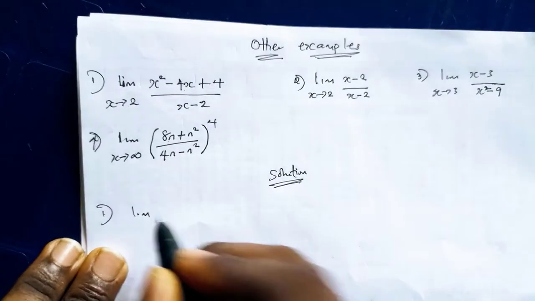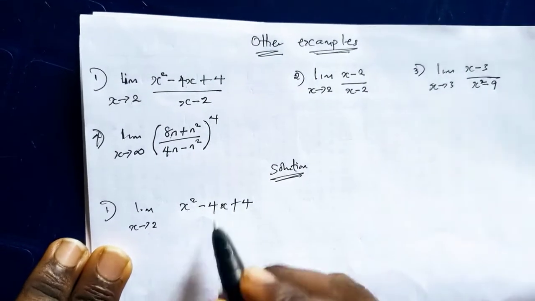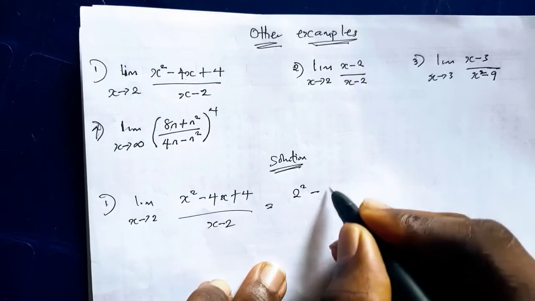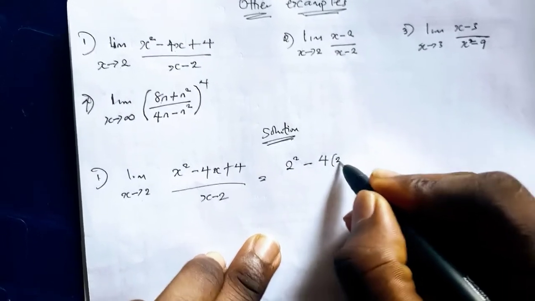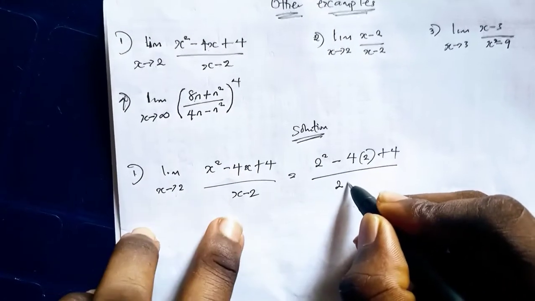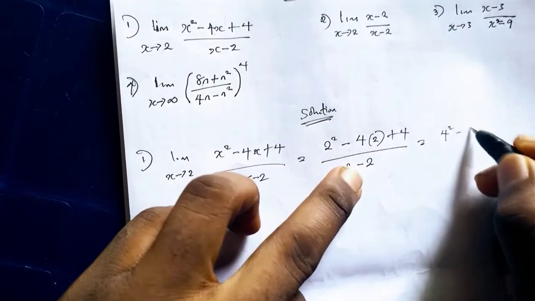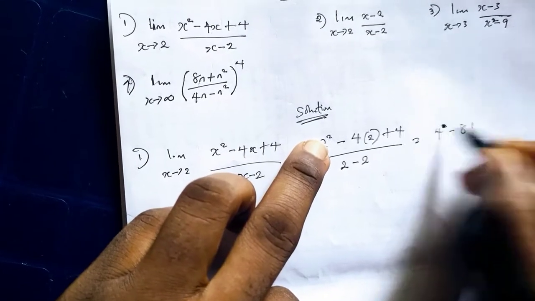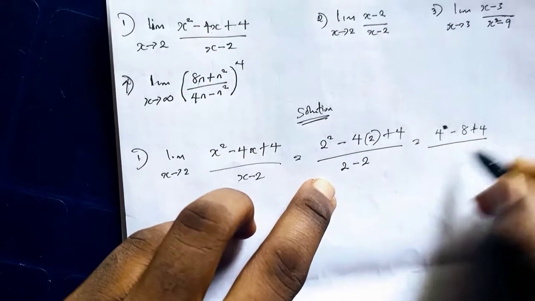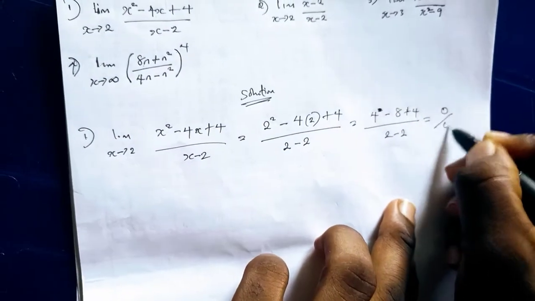So the limit as x approaches 2 of x squared minus 4x plus 4 divided by x minus 2 is equal to 2 squared minus 4 multiplied by 2 plus 4 over 2 minus 2. This comes out to be 4 minus 8, sorry, this is 4, not 4 squared, minus 8, then plus 4 over 2 minus 2. And we can see that this comes out as 0 over 0.